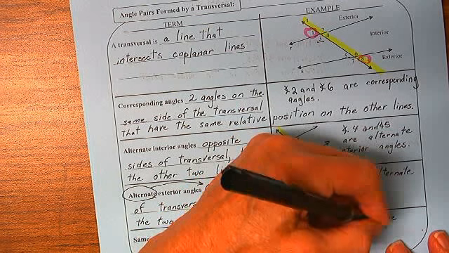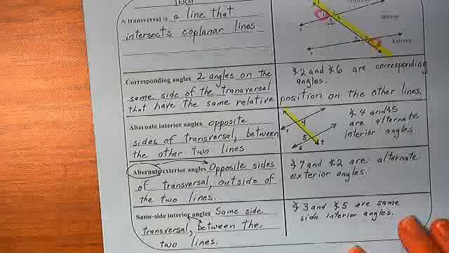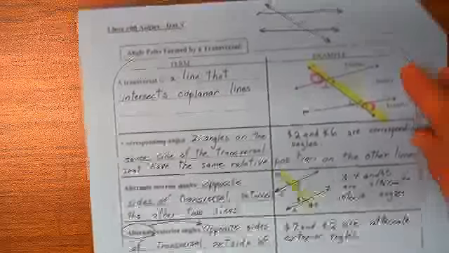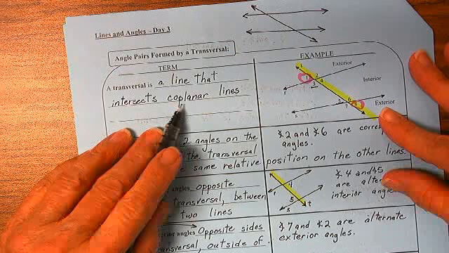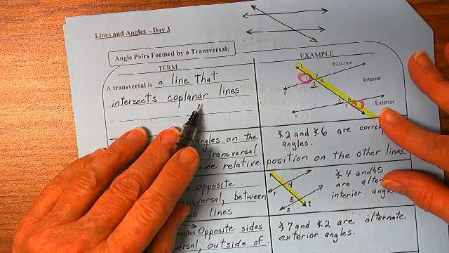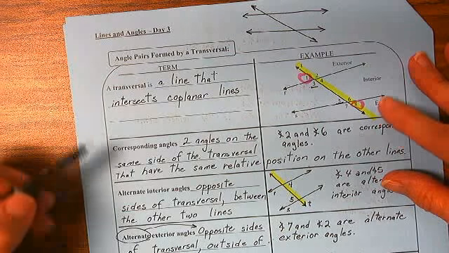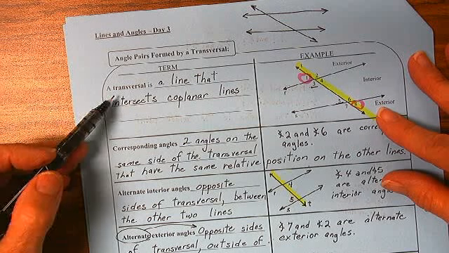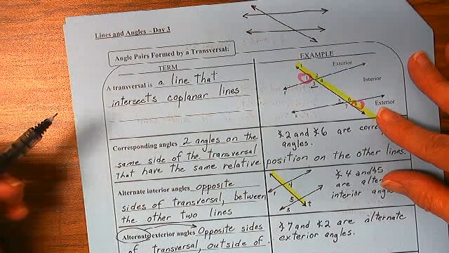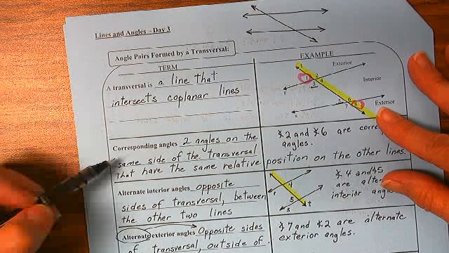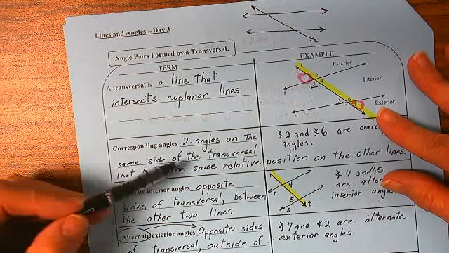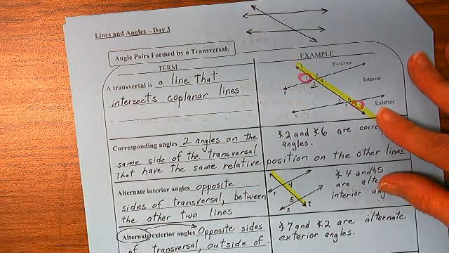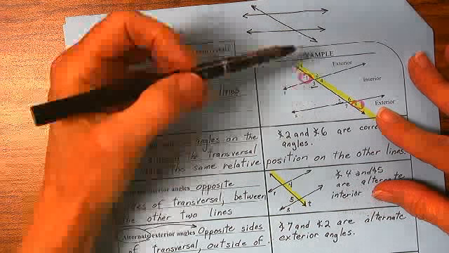To review, a transversal is a line that intersects coplanar lines. Whenever we talk about transversals, we know we have at least 3 lines involved. Corresponding angles, 2 angles on the same side of the transversal that have the same relative position.